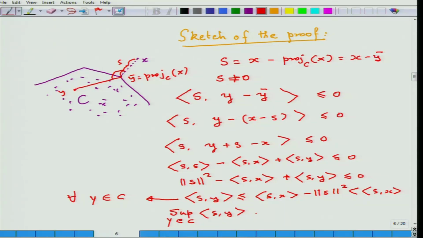This is obviously less than or equal to this, which is strictly less than this, and hence the whole thing is strictly less than S of x. Now, this is a representation from this projection business, but how do I really speak about finding the hyperplane? Okay, let me do that.